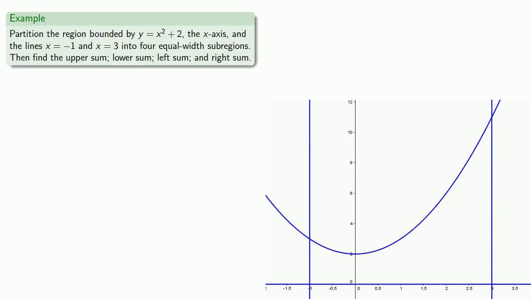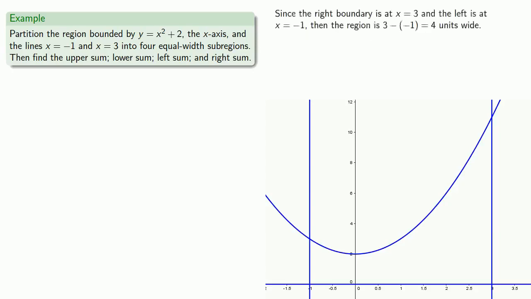Since we want to partition this region into 4 equal width subregions, we might want to figure out how wide those individual subregions are going to be. Now we know the right boundary is at x equals 3 and the left boundary is at x equals -1, so the entire region is 3 minus -1, 4 units wide, and so to partition it into 4 equal width subregions, each subregion needs to be 1 unit wide.